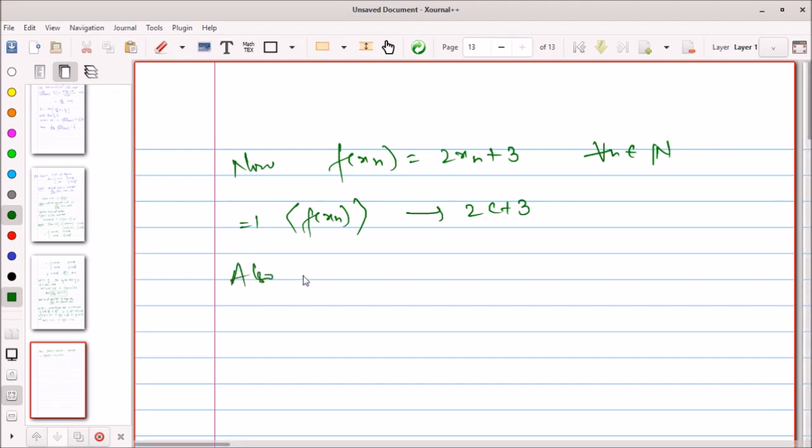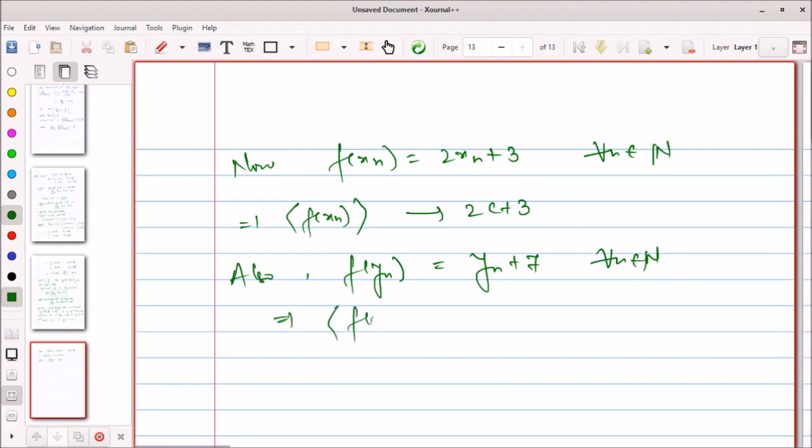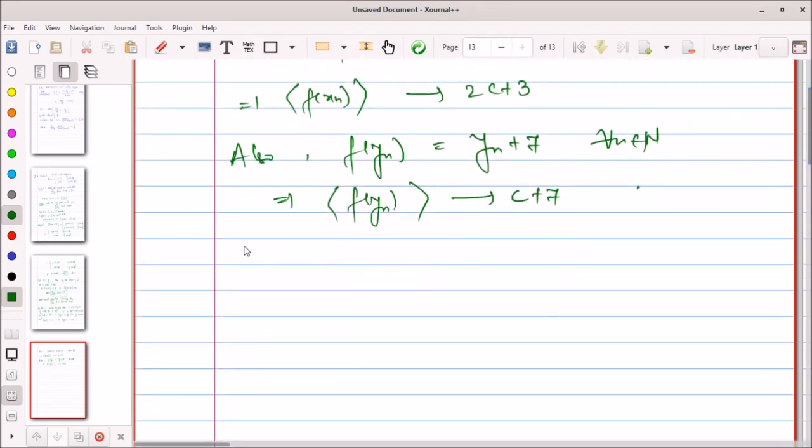Also, f(yn) is equal to yn plus 7 for all n belonging to N. So this implies f(yn) converges to c plus 7. Since c is not equal to 4, this implies 2c plus 3 is not equal to c plus 7.